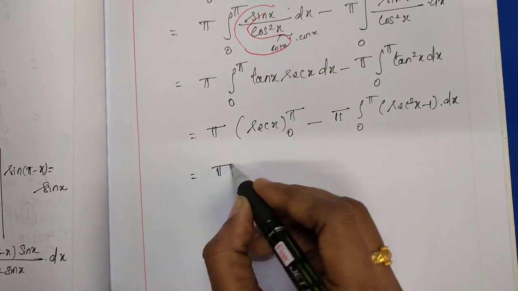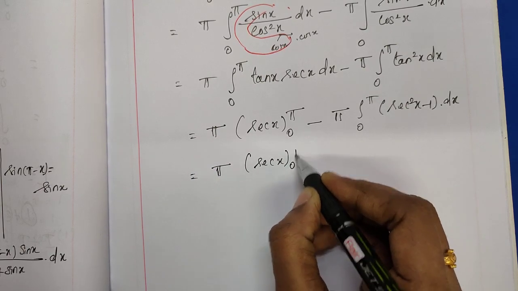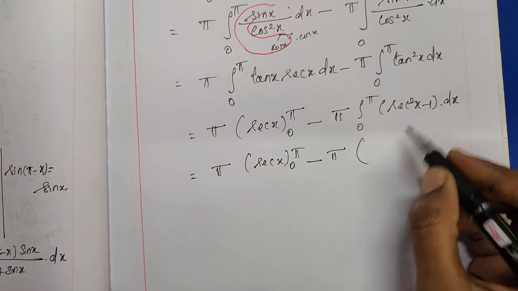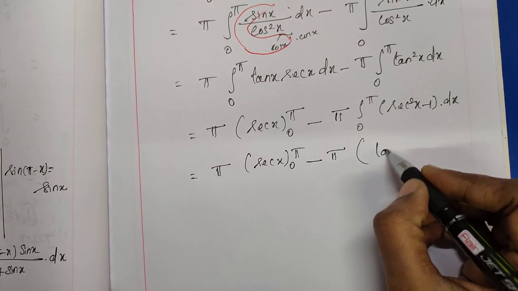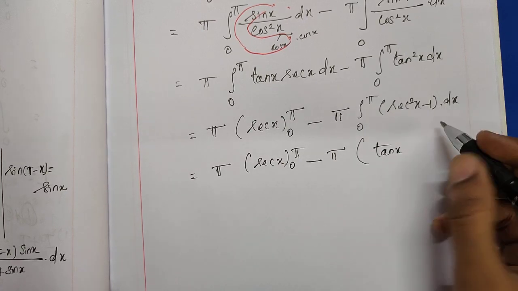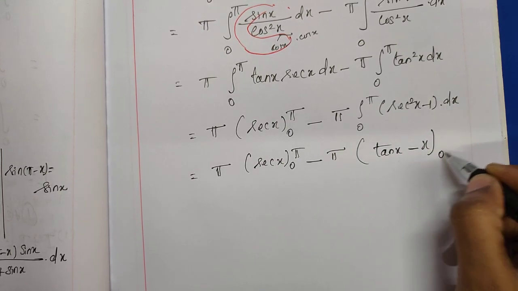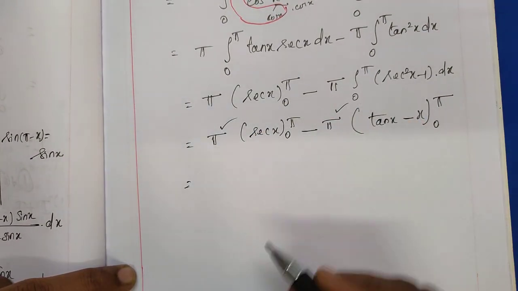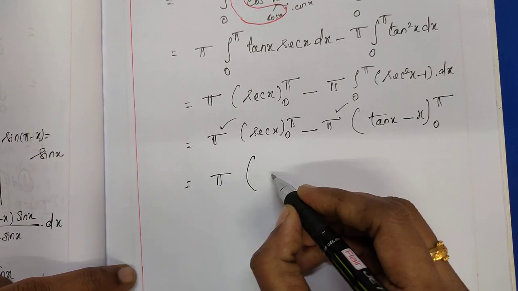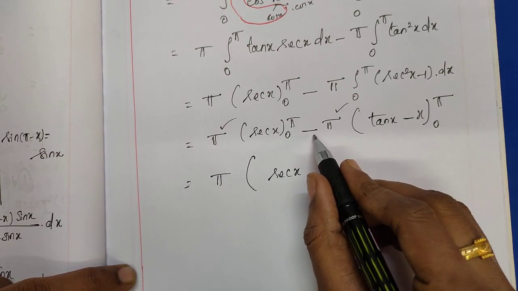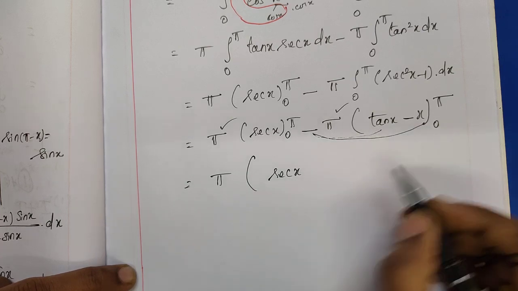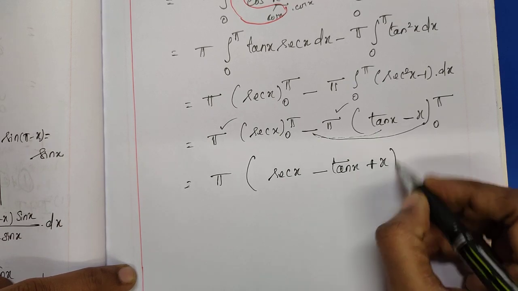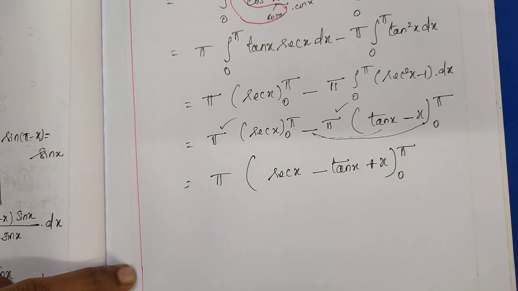This is equal to pi times secant x over 0 to pi, minus pi times the integral of these two terms. The integral of secant squared x is tan x, and the integral of 1 dx is x, with limits 0 to pi. Now pi is common, take it outside, and the remaining terms go inside the bracket: secant x, and the minus is multiplied with the two terms, giving minus tan x plus x, limits 0 to pi.